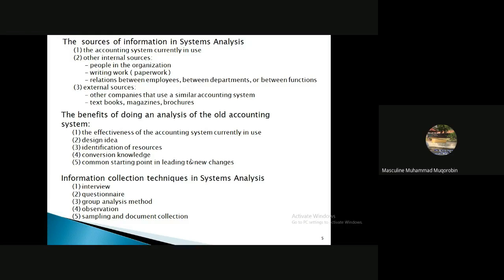The benefits of doing an analysis of the old accounting system are 1. The effectiveness of the accounting system currently in use. 2. Design idea. 3. Identification of resources. 4. Conversion knowledge. 5.